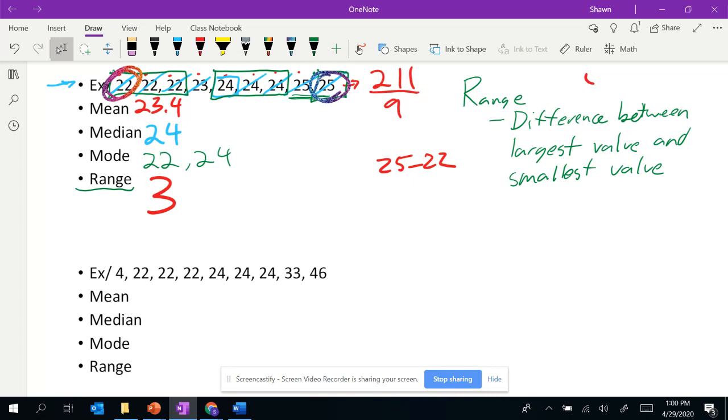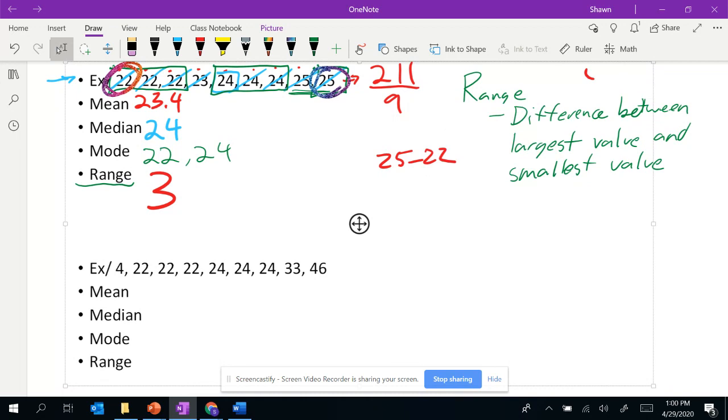We're going to talk about what a range means. But before we do, I want to look at this next set of data and calculate the mean, median, and mode for it. Again, same thing. Calculate the mean.